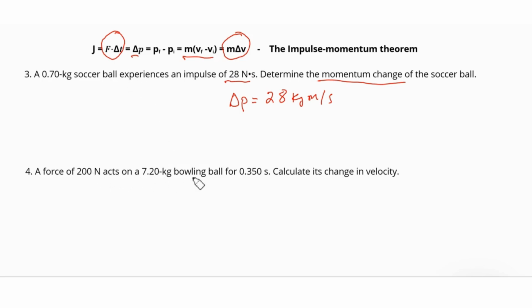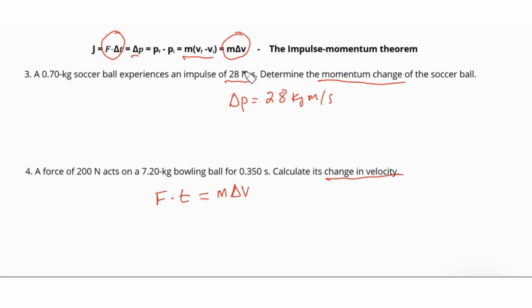All right, so here we have a force of 200 newtons acts on a 7.2 kg ball for 0.35 seconds. Calculate its change in velocity. So since I'm just going to use those parts, I'd say F times T. I could use delta T, but if you assume that the initial time is 0, then just T is good, is equal to the M times delta V. The reason I'm not looking for initial and final velocities is because they're not asking for that.